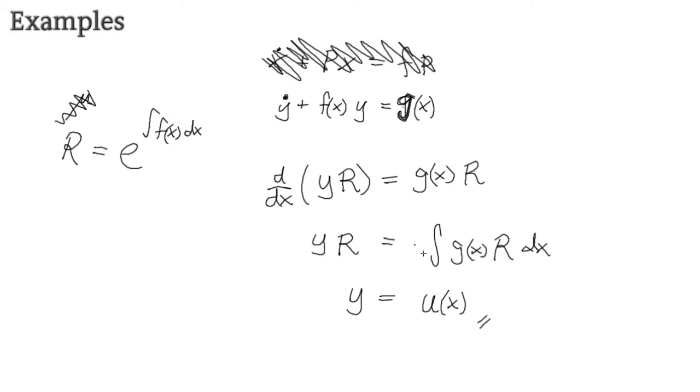So this whole mess works because of this conversion. And in order for this to be true, we first multiply the top row by r such that we get r y dot plus r y f(x), and actually that's fine as is.